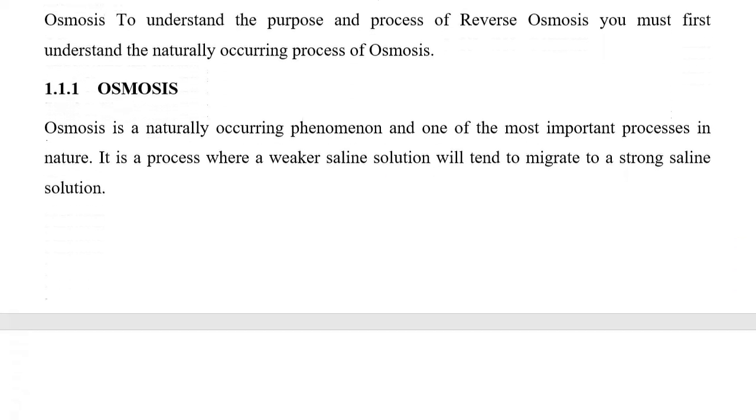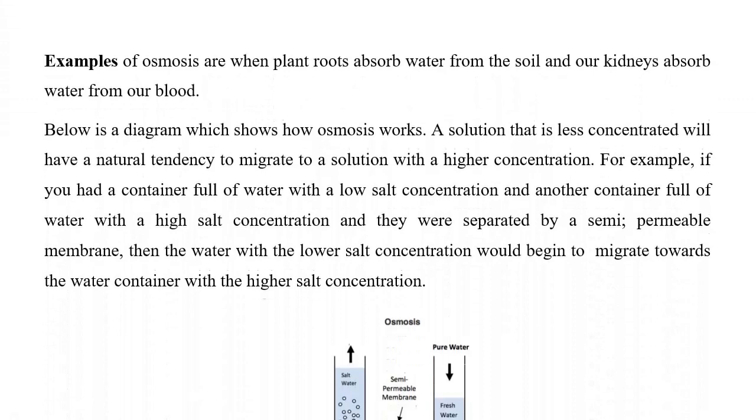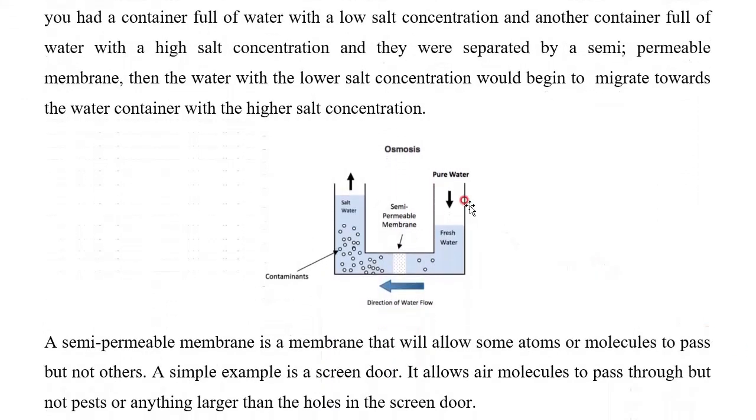Here, for example, you can see this figure. You can consider this as pure water or fresh water, and this is water with more salt content than this water. This is a semi-permeable membrane. Initially assume that the water level is the same here, but as the osmosis process begins, you can see the direction of water flow.